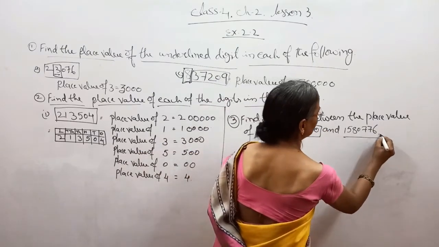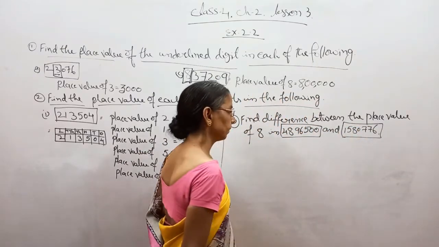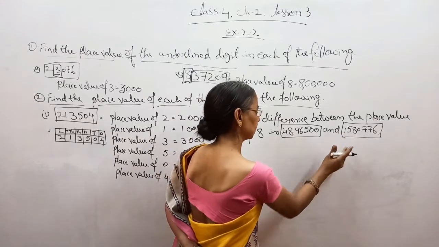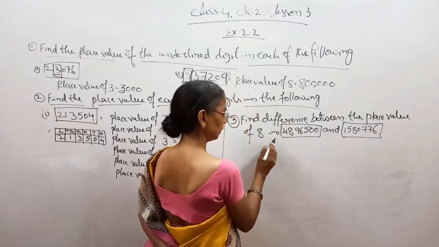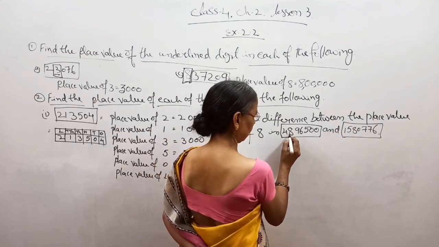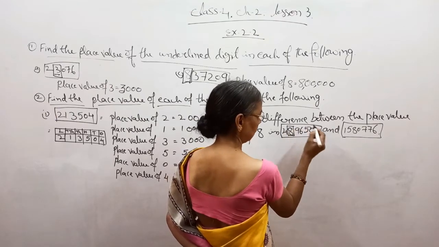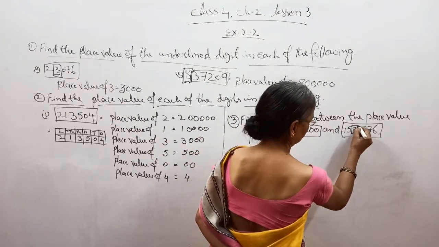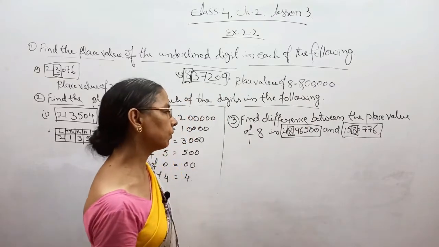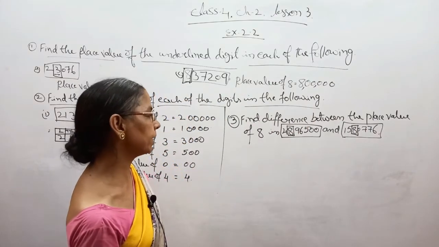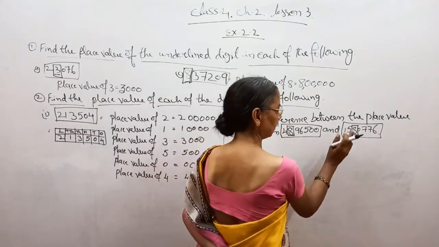Between the 2 numbers we have 8 in both the numbers. Here it is here and in this it is here. Now we have to find the difference between the 2 numbers.